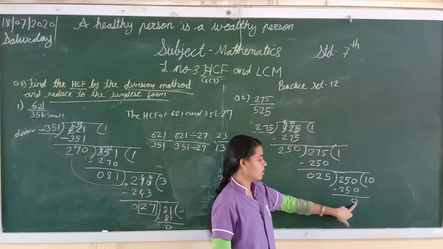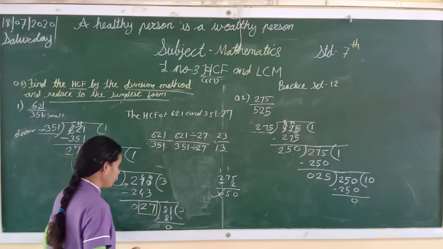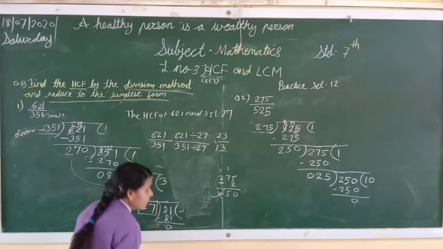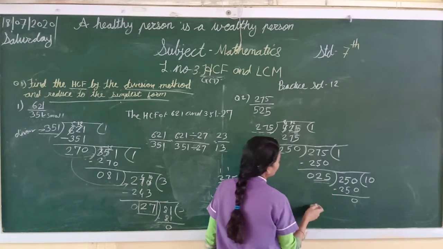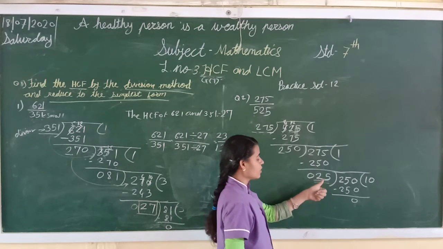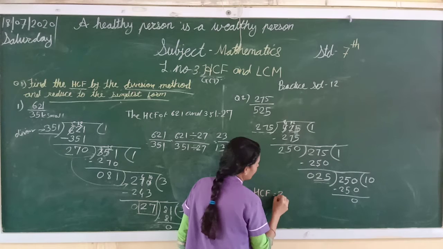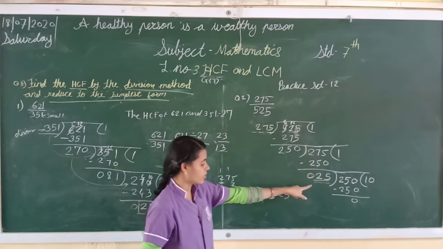We want the 0. Okay, students, which one is the last divisor? 25. So the last divisor is 25, that is our LCM. Our LCM, which one, students? 25. I hope students you understood this one.